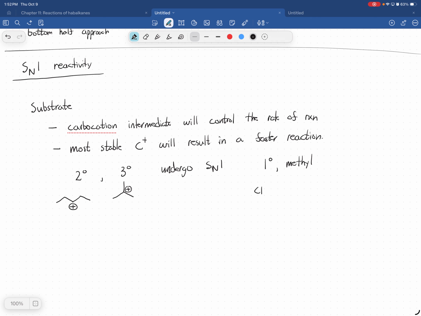Like for example, CH3, CH2 plus. So this is primary carbocation. And then a methyl carbocation do not go through SN1 reaction, okay? So these intermediates here, they usually don't form, okay? So you don't see these, so don't form at all.